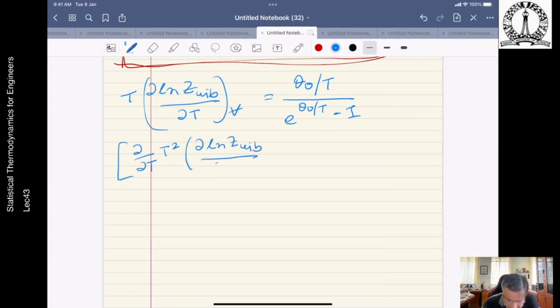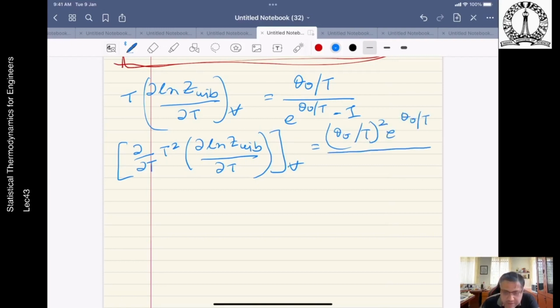The other, d z vibrational by dT, is equal to theta v by T squared by T divided by exponential theta v by T minus 1 whole squared. These are the two standard partial derivatives for the partition function.